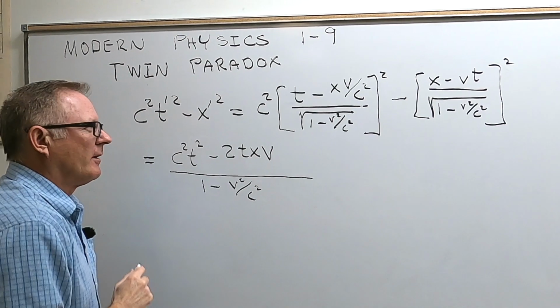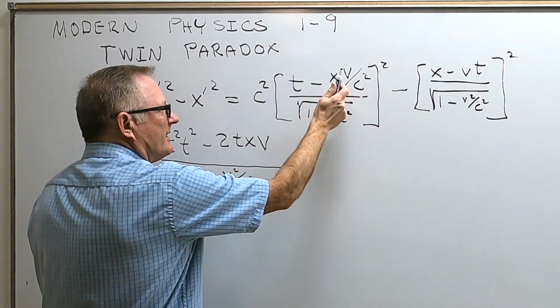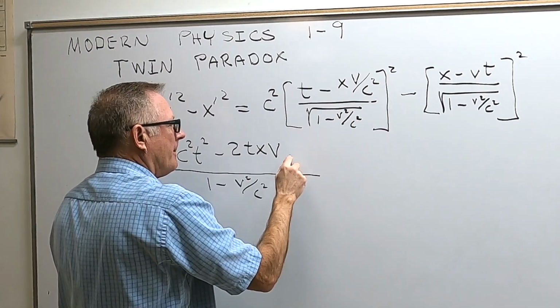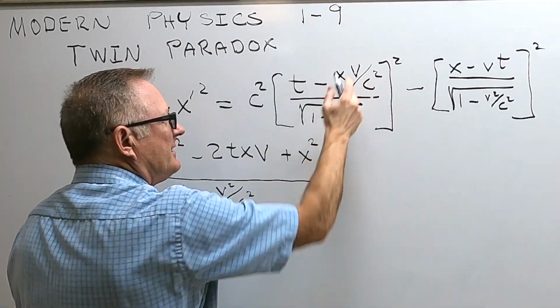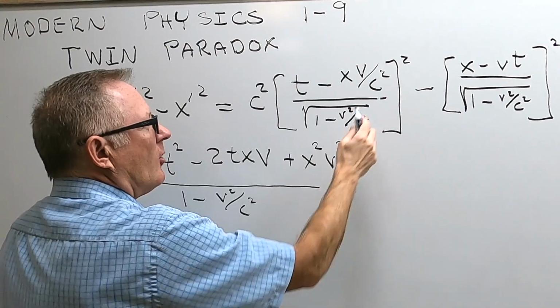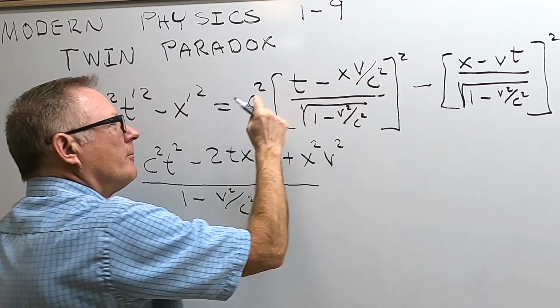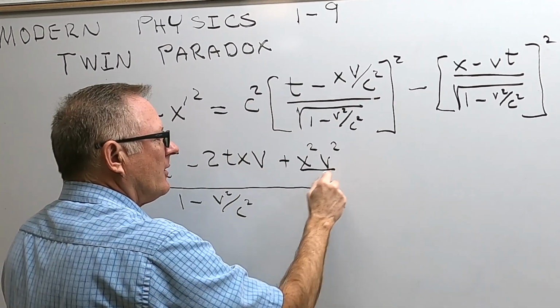The c squareds drop out. And then we have the second term right there, which is plus x squared v squared over c to the fourth, but times c squared just gives me over c squared.